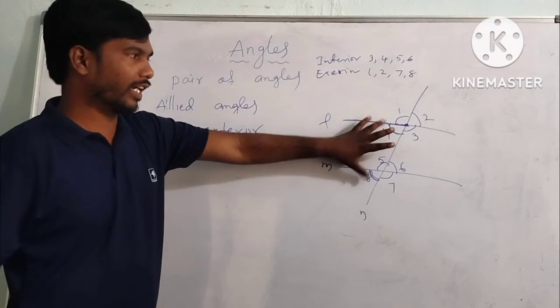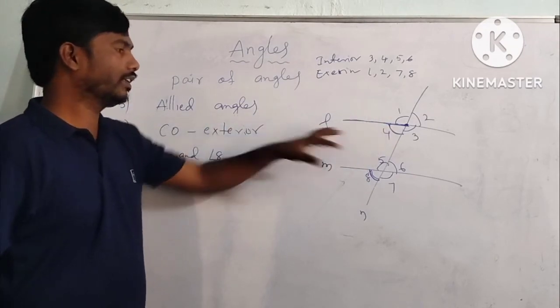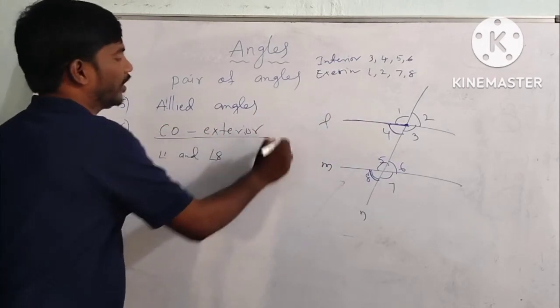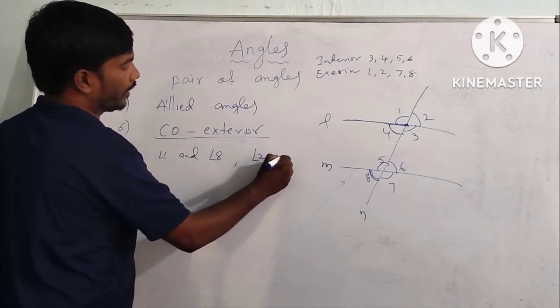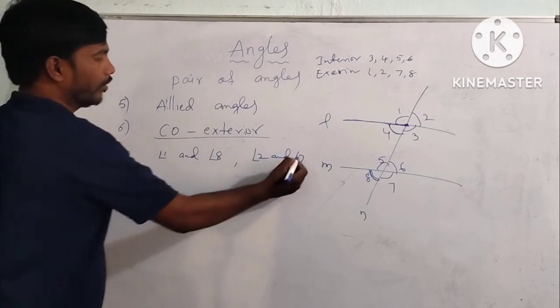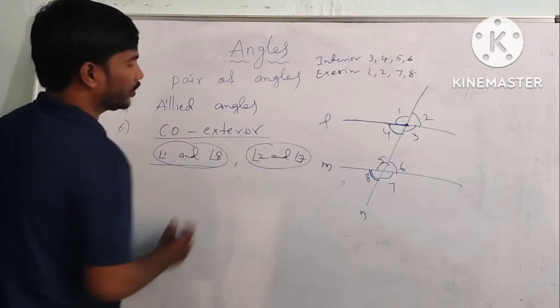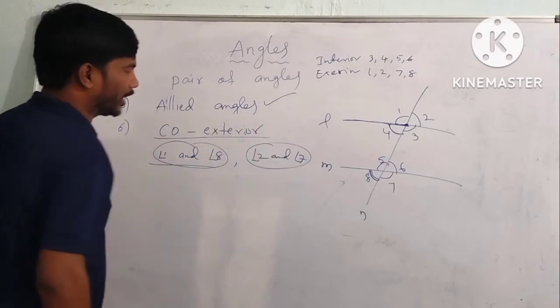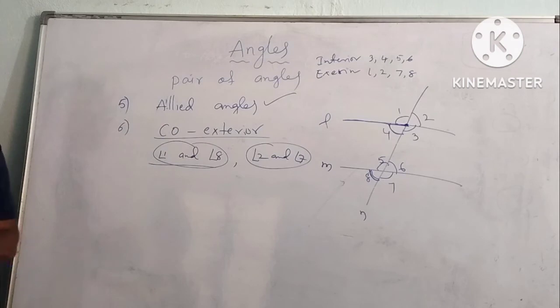Same side of the transversal, if they are interior, they are called co-interior and allied. If they are exterior, we simply call them co-exterior. 1 and 8 are co-exterior, 2 and 7 also co-exterior. If they are co-interior, they have a special name: allied angles. So co-interior, co-exterior. 6 pairs of angles completed.